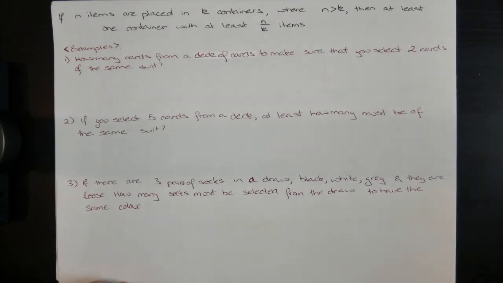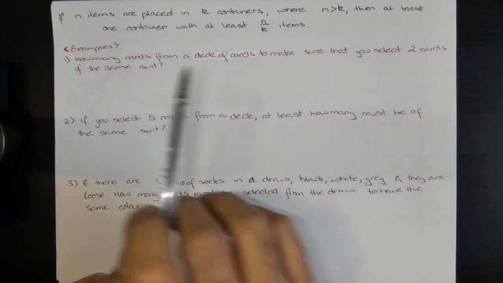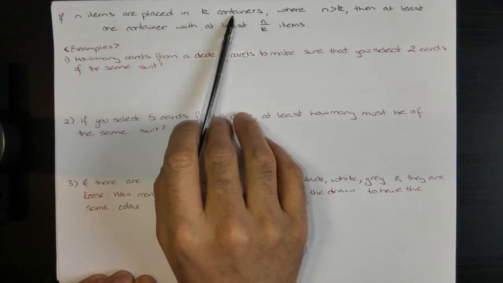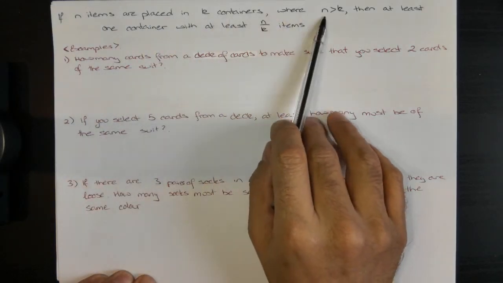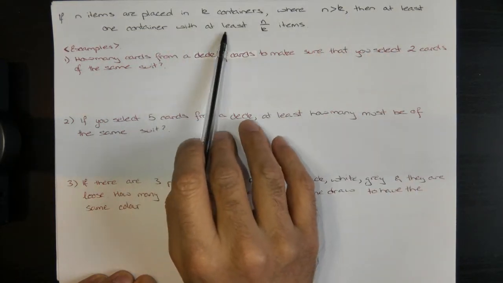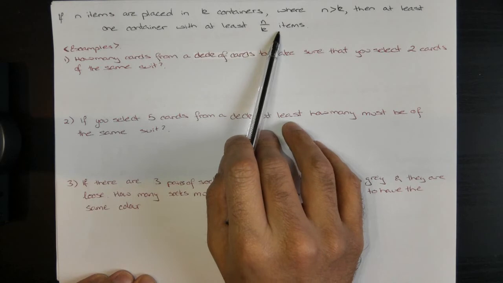It also means that if n items are placed into k containers, where n is larger than k, then at least one container will have at least n divided by k items.